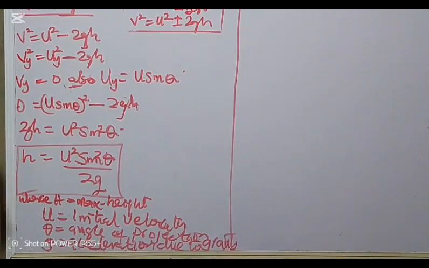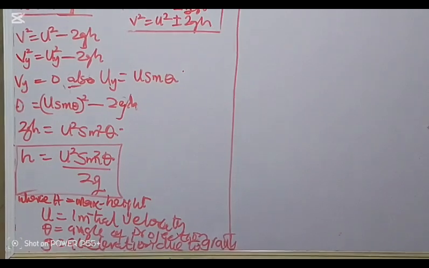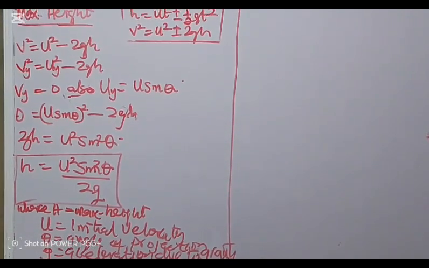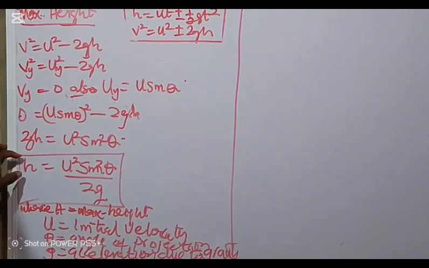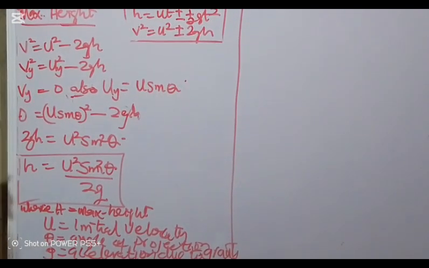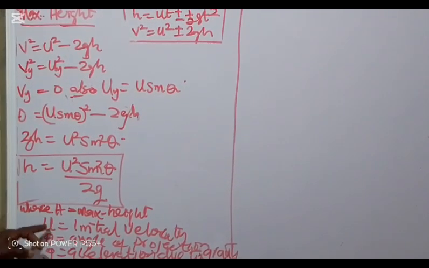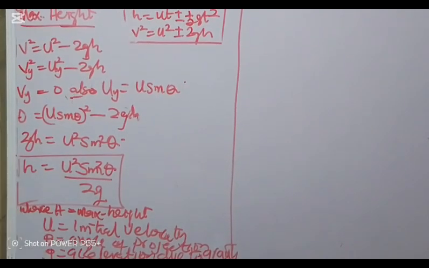Now, in another way, they can still ask you in another question that the maximum height of a projectile depends on what factors? The factors also remain the same: 1. Initial velocity of the projectile. 2. Angle of projection. 3. Acceleration due to gravity. That's another question.